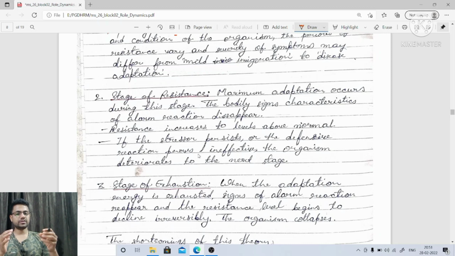The reaction proves ineffective, means the defensive mechanism of the organism will prove to be ineffective, and due to that ineffective reaction mechanism, what will happen? The organism deteriorates to the next stage. So what is the next stage? Now you see here, the next stage is the stage of exhaustion.